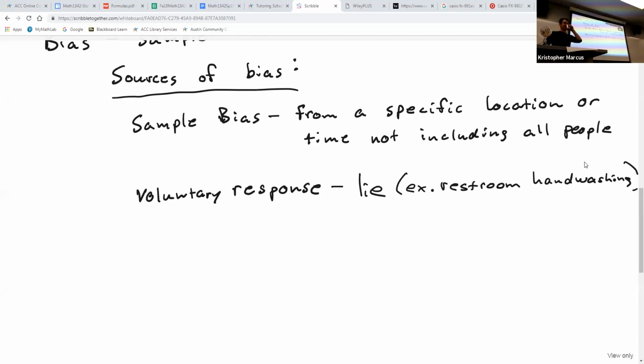Glad I'm not having a lemonade there. Yeah, so in order to get a good result, we'd actually have to go everywhere in the US because people are going to wash their hands differently in different environments. A sporting event has a different proportion of people that are washing them versus the people over near the chemistry lab at ACC. So yeah, you'd need to have a nice sample all over.